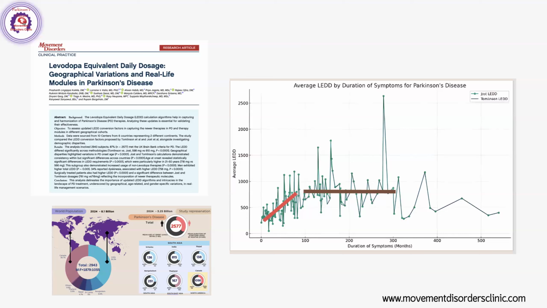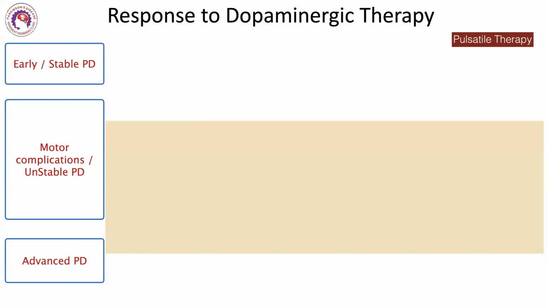This is what we call the levodopa equivalent daily dosage study that we had done. We are trying to look at how it varies between Asian, South Asian and North American populations. Please try to read this paper if you have some time, or I can talk about it later in detail. But this is a glimpse of what you should remember.